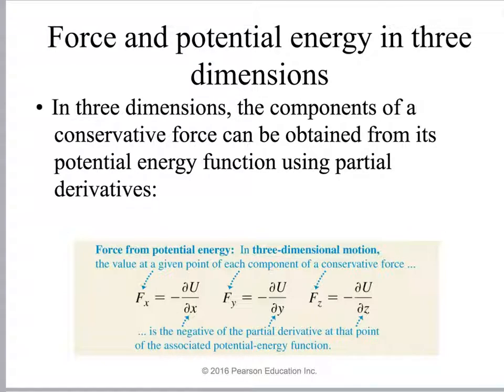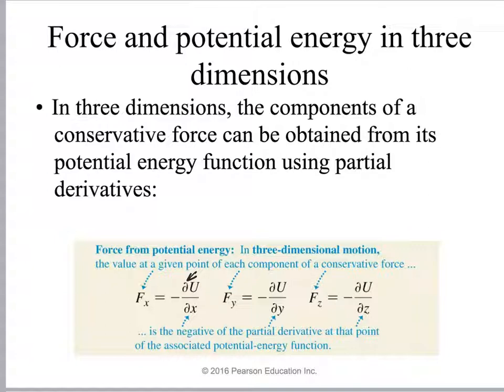Now finally, we looked at really simple situations where the force was just in one direction, but it's possible to have a force that depends on more than one variable. It can depend on x, y, and z. And so these relationships change from total derivatives to partial derivatives. And that's what that little symbol looks like. Now, partial derivatives may seem very unfamiliar to you, and it's probably likely that you've never seen something like that before.